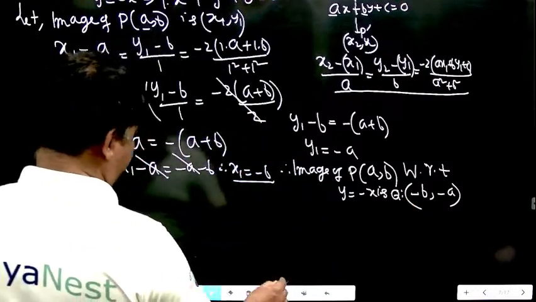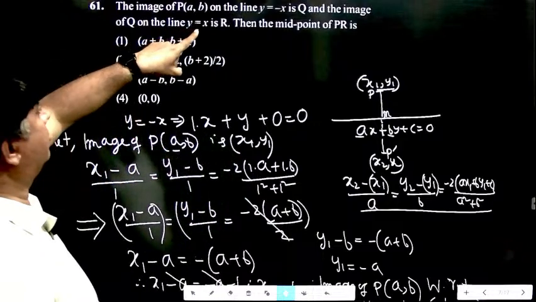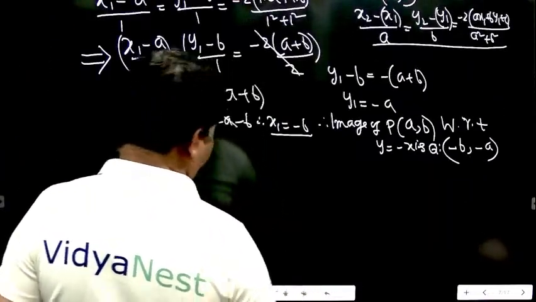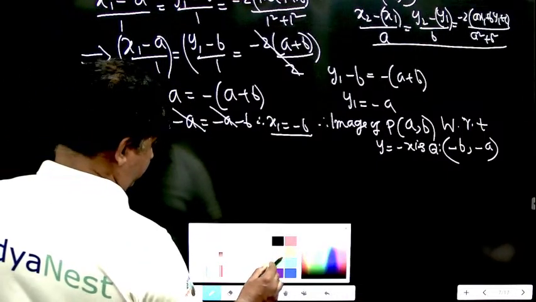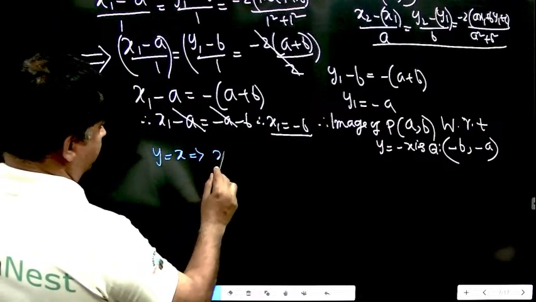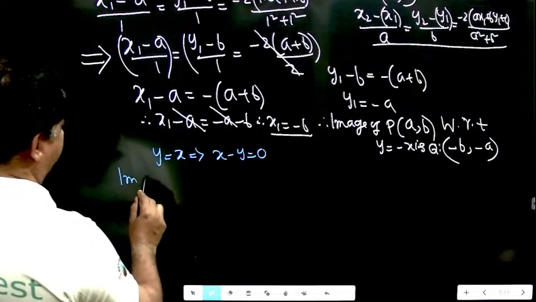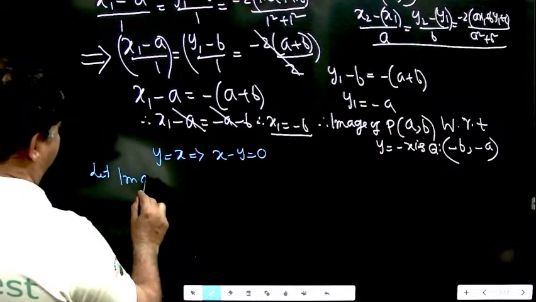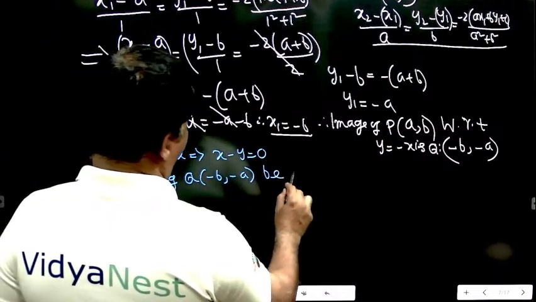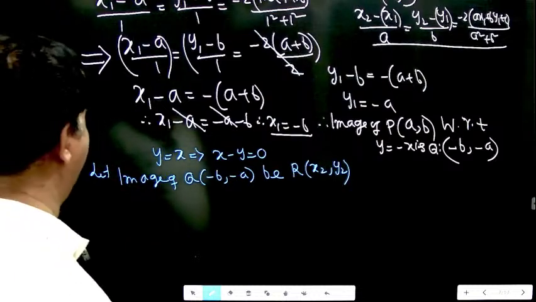Now for another line, the image of Q on the line y is equal to x, that is R. So let the image of Q be R.